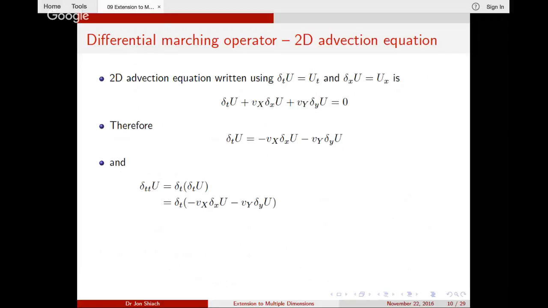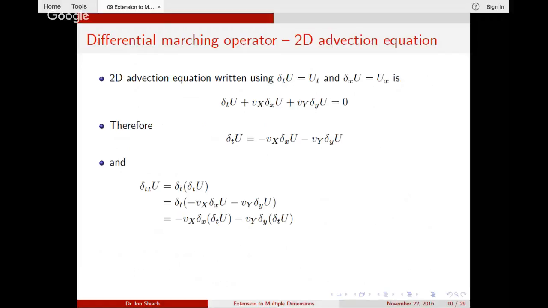If we expand out the bracket, remember the sum of the derivatives is equal to the derivative of the sum. So we can split them up and treat them separately. You can see we have minus Vx delta x times delta t, minus Vy delta y and delta t.